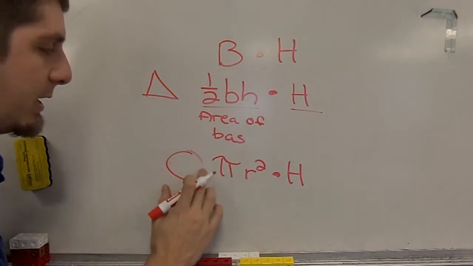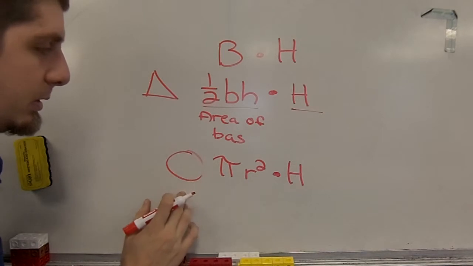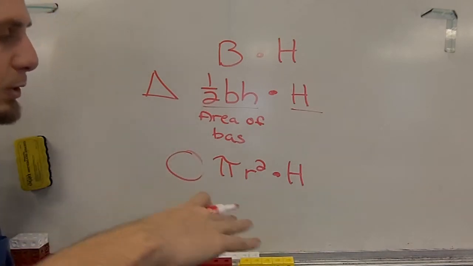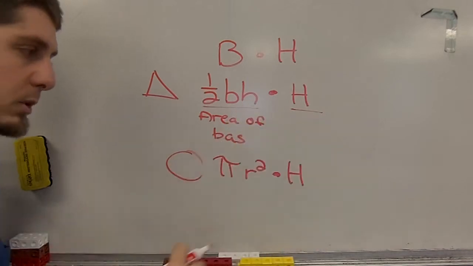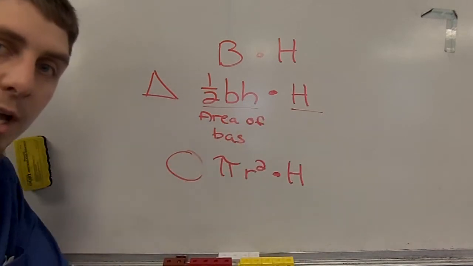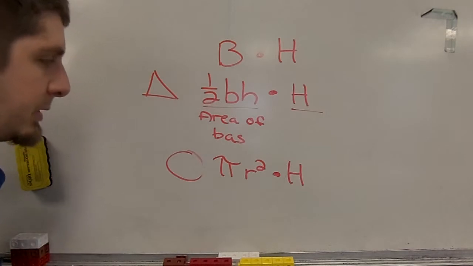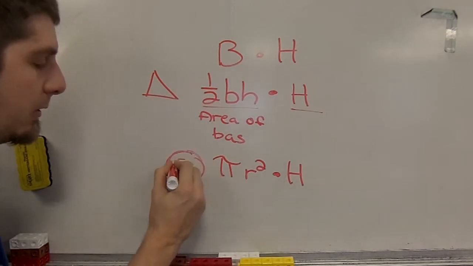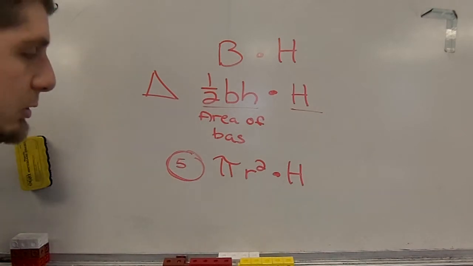So you find the area of the base, which will tell you how many cubes fit into that circle, and then you multiply that by the height of the can or the cylinder, and that tells you, remember, the height represents the number of layers. And so let's say that we found the area of my circle to be 5 inches cubed.